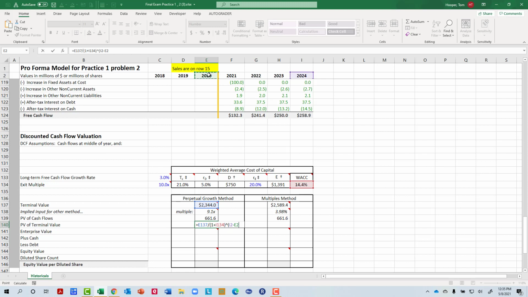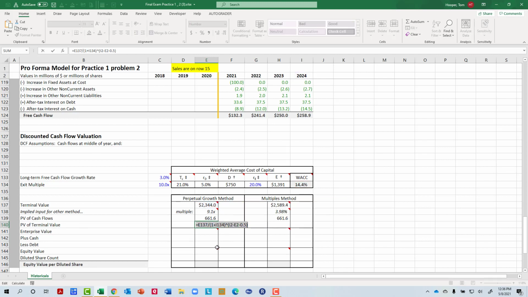I don't really have to think about it. It would be 1, 2, 3, 4 periods, right? But since these things happen in the middle of the year, I don't really want 4 periods, so I'll reduce that by half a period by subtracting off 0.5. And then that's the PV of that terminal value right there.